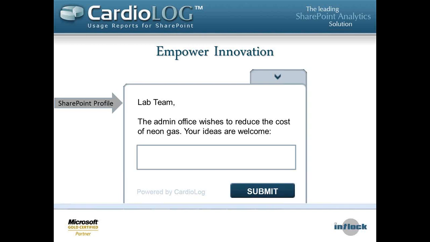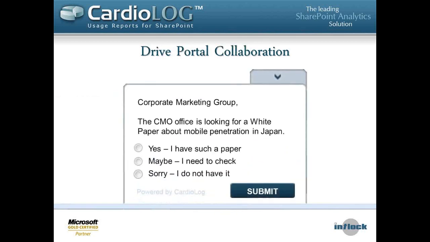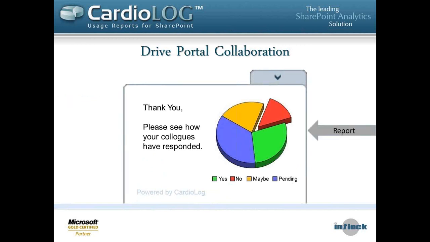So this tool is great for an intranet, an extranet, and also for a public-facing internet site. Here are just a few more examples. And then finally, we can also show our users the responses that their colleagues have submitted after they submit their response.